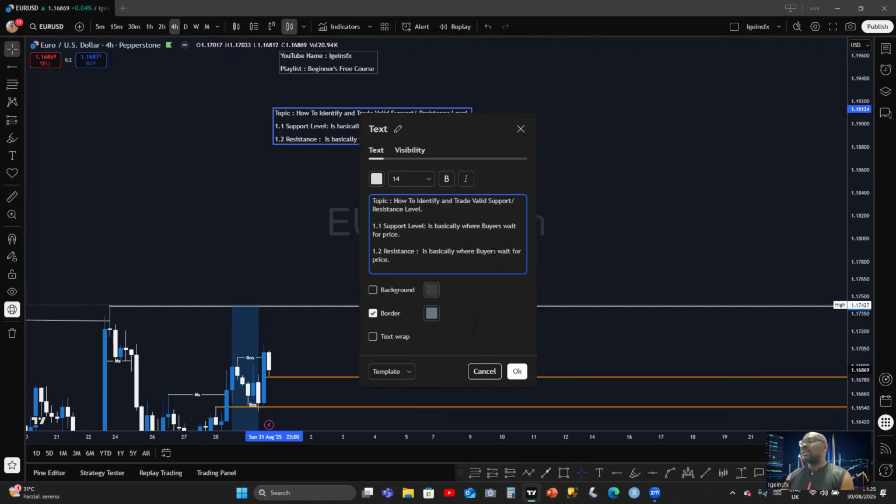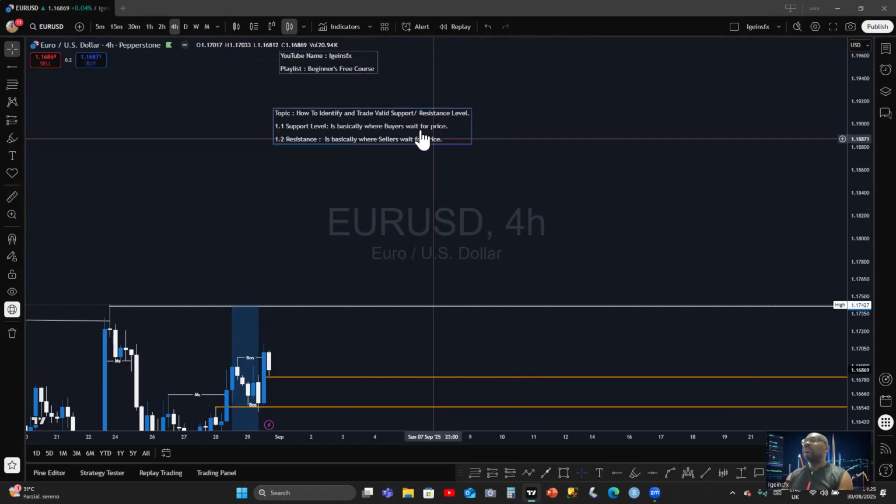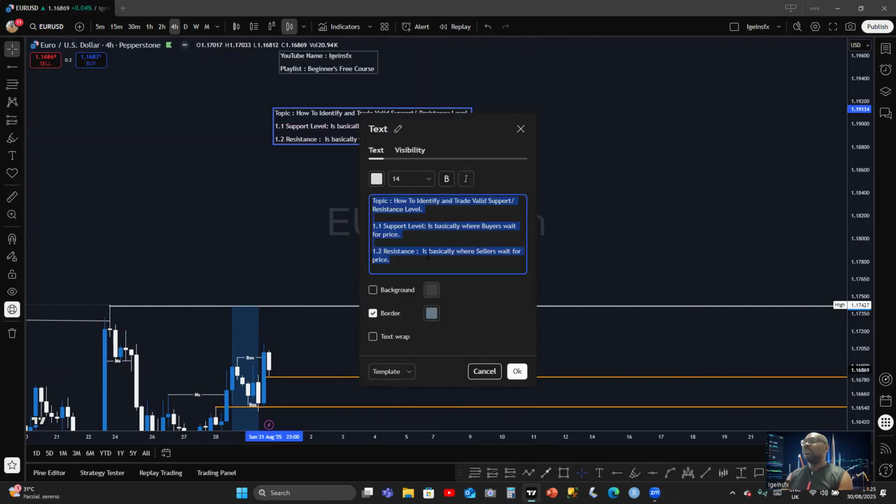It's basically where we are sellers. This time not buyers, sellers. Sellers wait for price. This one is where buyers wait for price before they can buy.